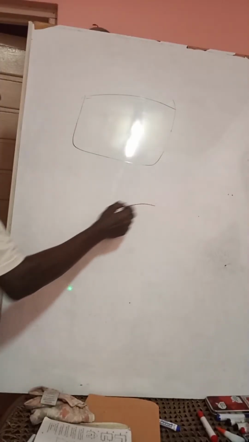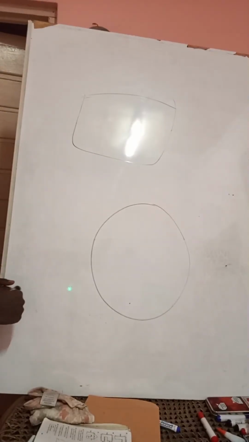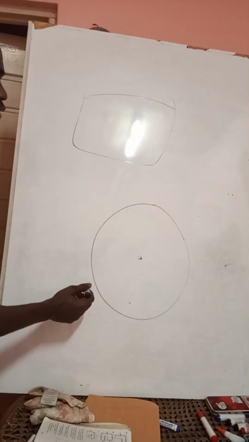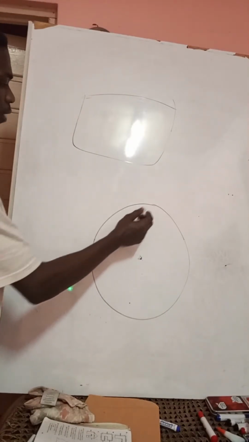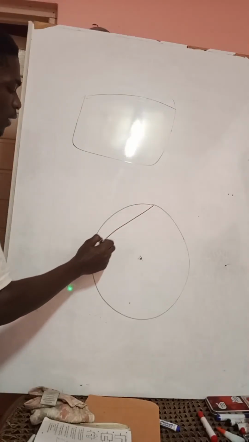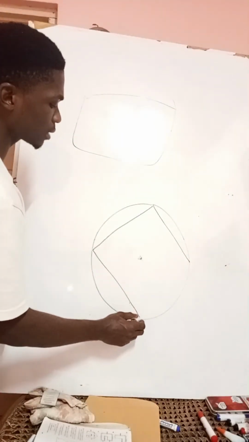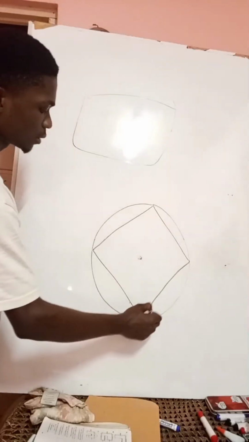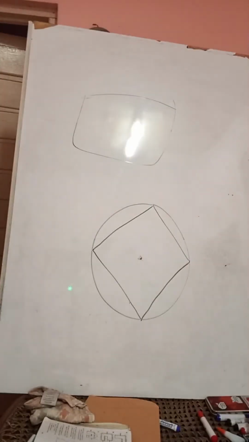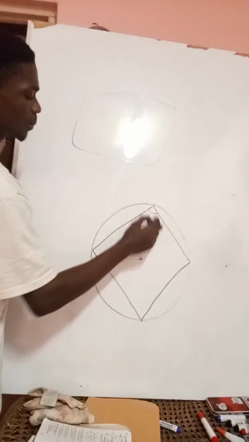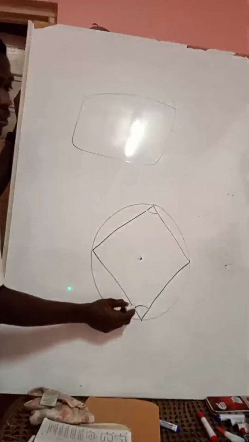If this is a circle and this is the center, and you have a quadrilateral with all four corners touching the circumference, then the sum of this angle plus this angle should give us what?